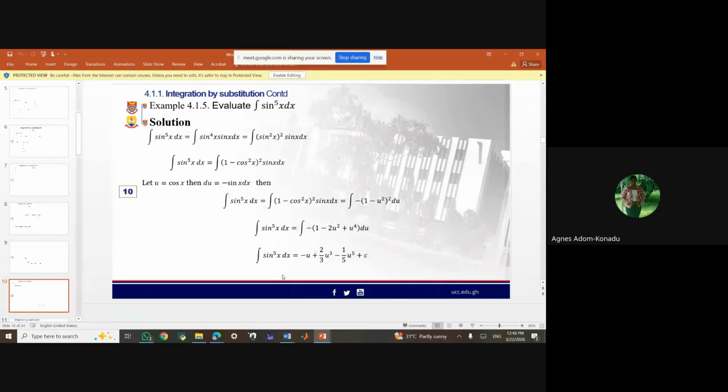So that's what we have here. I have negative integral of 1 minus u squared all squared du. Okay. Then when I expand 1 minus u squared all squared, I'm going to get 1 minus 2u squared plus u to the power 4 du. Then I can start integrating. When I integrate negative 1 du, I'm going to get negative u.